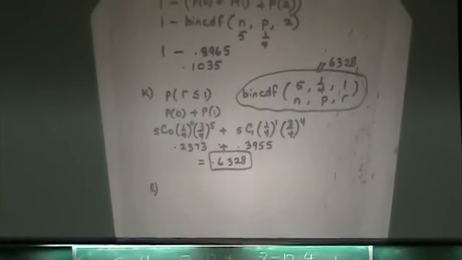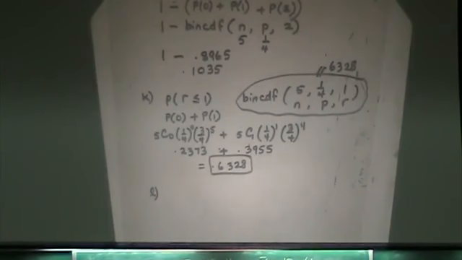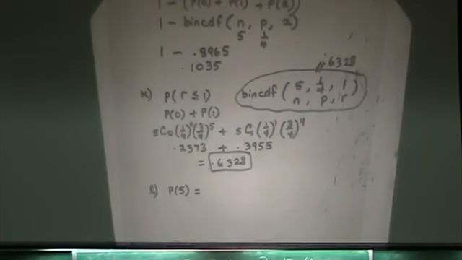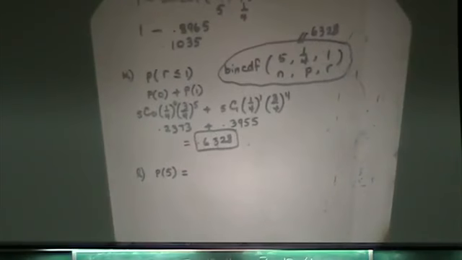And lastly, part L. If you actually observe all of the 5 workers developing the disease, would you reconsider your original constant probability assumption of p equals 1/4? So what's the probability of 5 according to our binomial distribution?